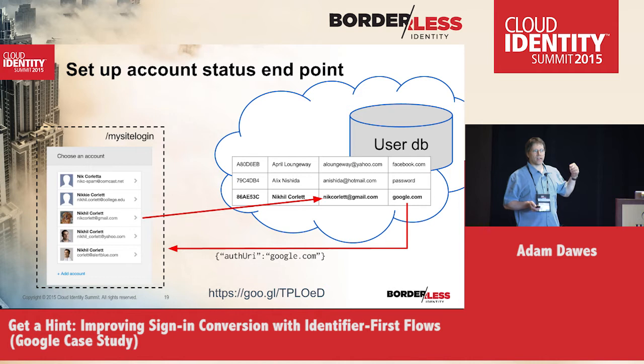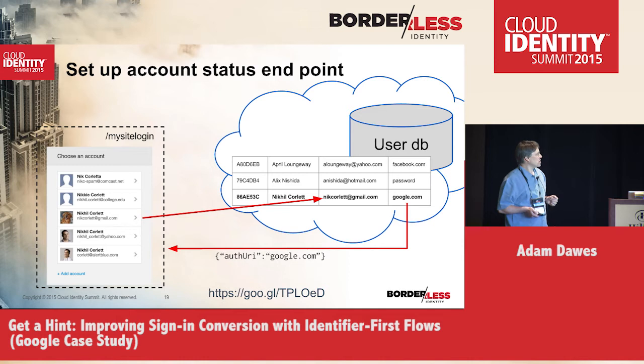Essentially, once on the client side the user selects an identity that they intend to log in as, the client will then take that identity and hit an endpoint that you put on the server, where you can then look up in your server-side user database how that user typically authenticates. So in this case, when nickcorlett@gmail.com wants to log into this site, there's a lookup that returns that the user authenticates with the Google IDP.